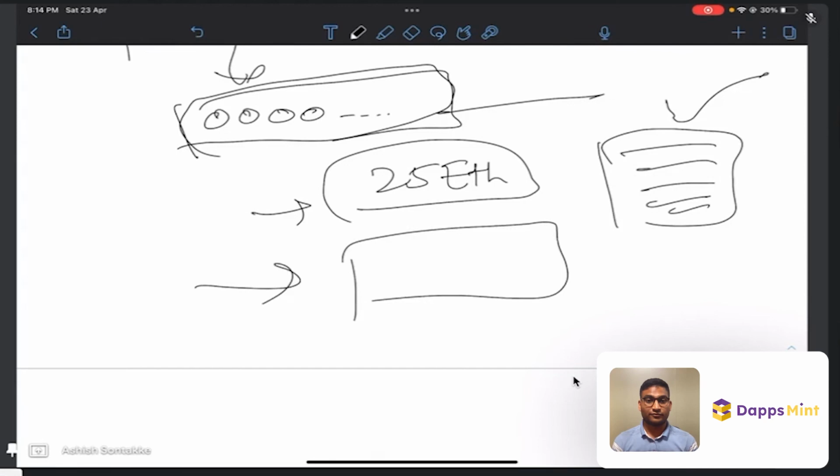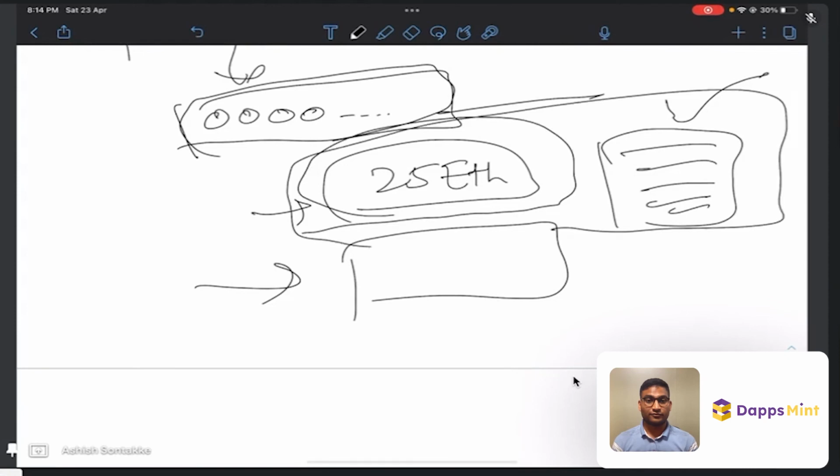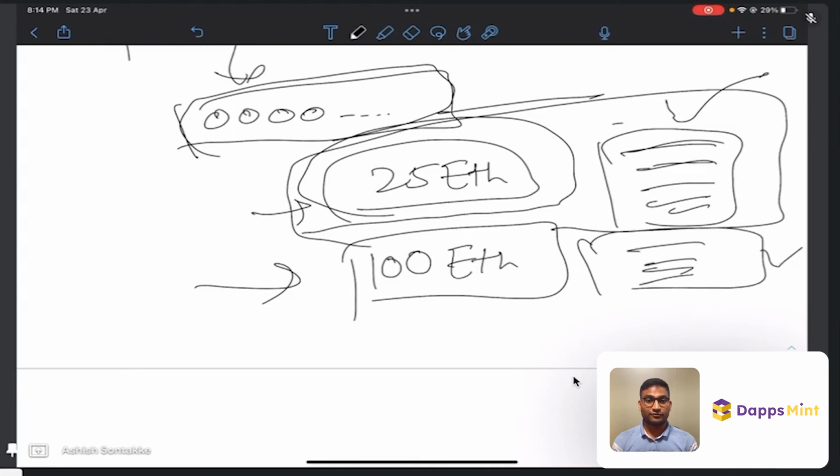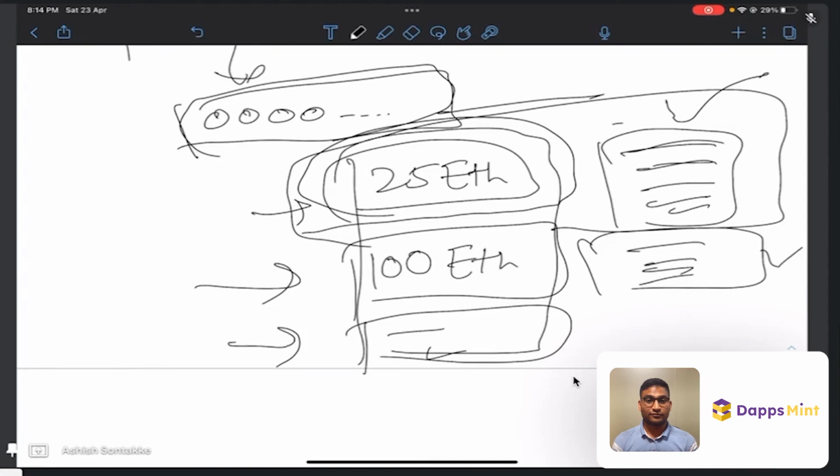Someone says, I'm staking 25 ETH to make sure these many transactions I have validated are correct. Someone says, I will stake 100 ETH. Someone else puts in another stake. The algorithm randomly selects from these, and whoever has staked the most has the highest probability, not guaranteed, that his block will be selected.